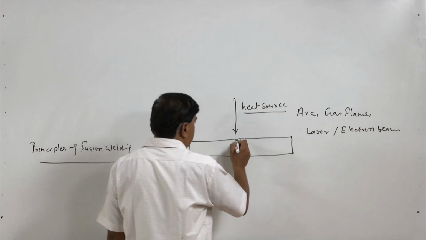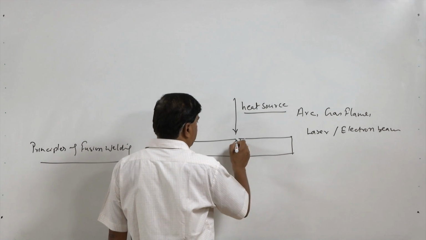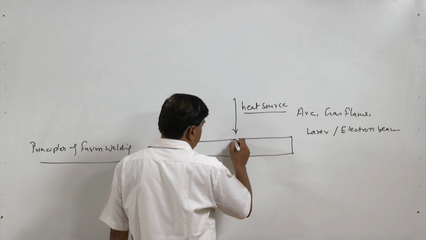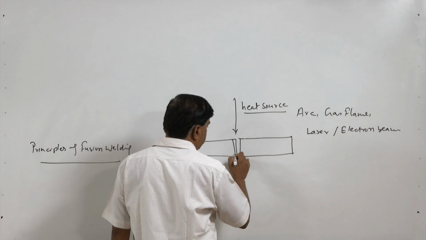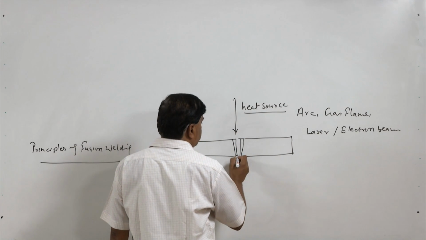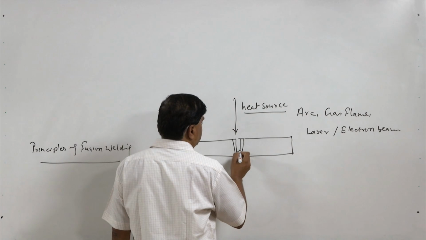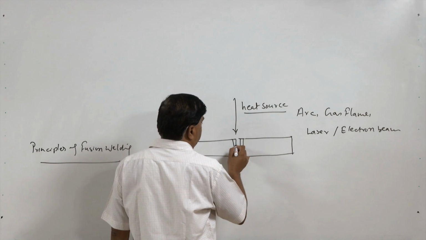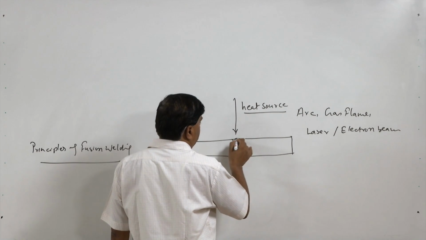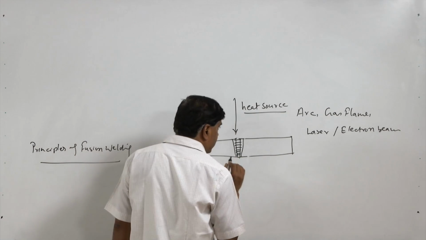So, this will be directed onto the fitting surface of the component, primarily to bring them to the molten state, so that the metallic continuity between the components to be joined is obtained after the solidification.